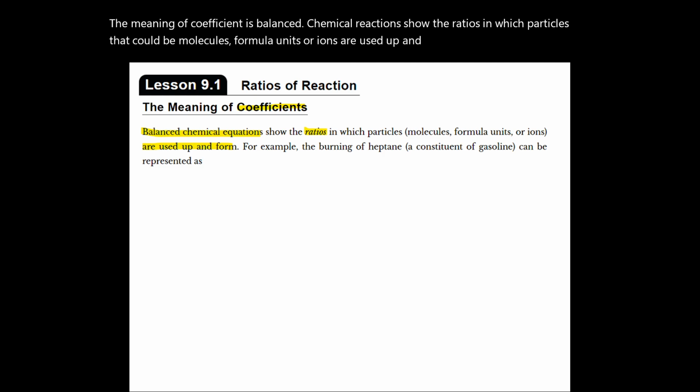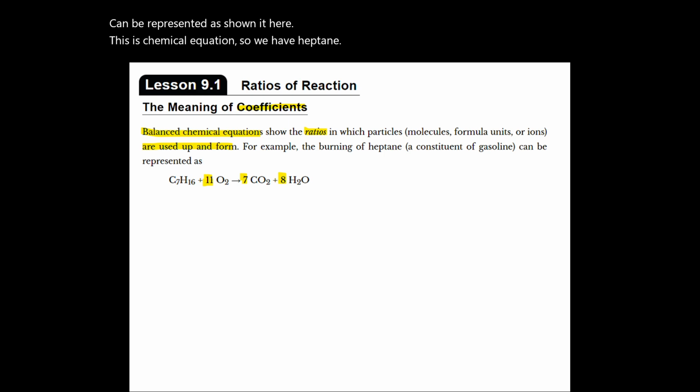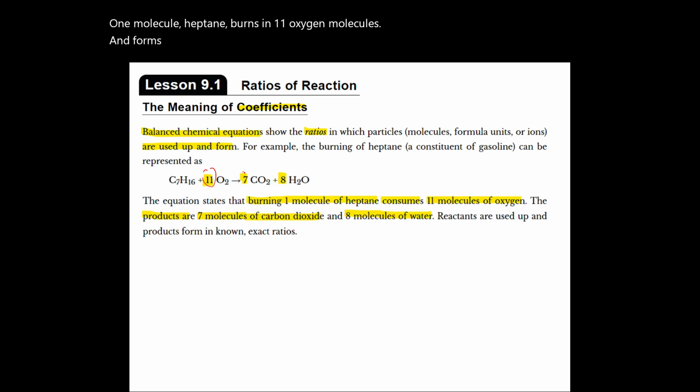For example, the burning of heptane can be represented as shown here. This is a chemical equation. One molecule of heptane burns in 11 oxygen molecules and forms 7 carbon dioxide molecules and 8 water molecules.